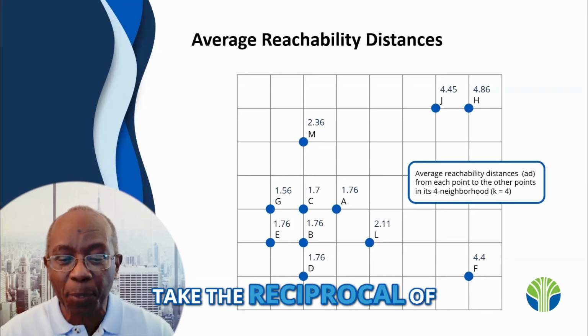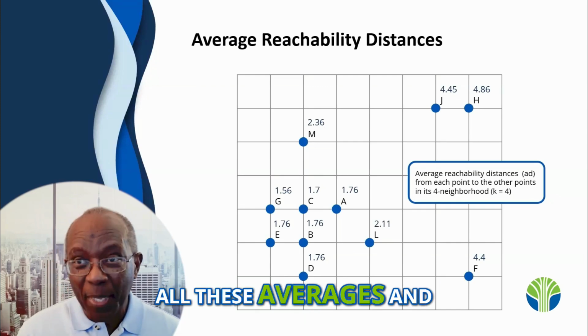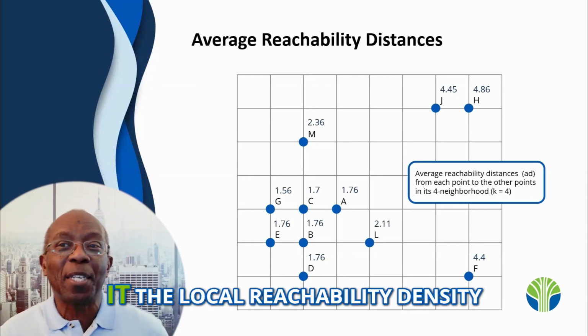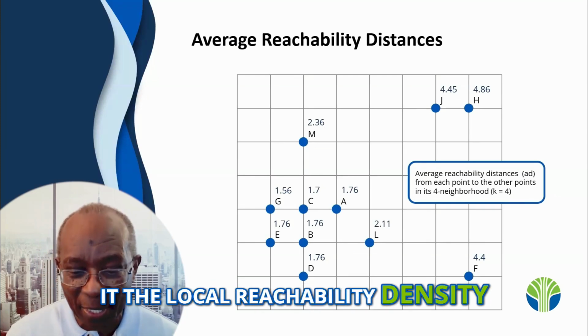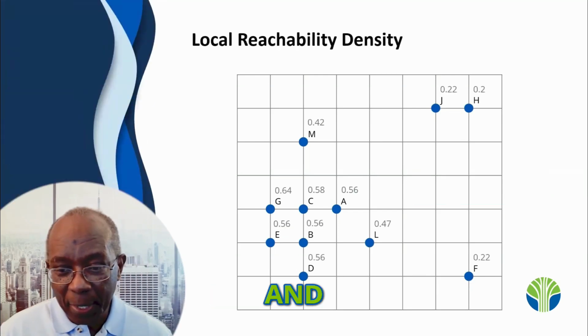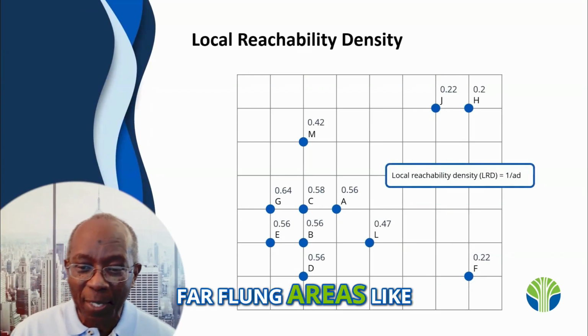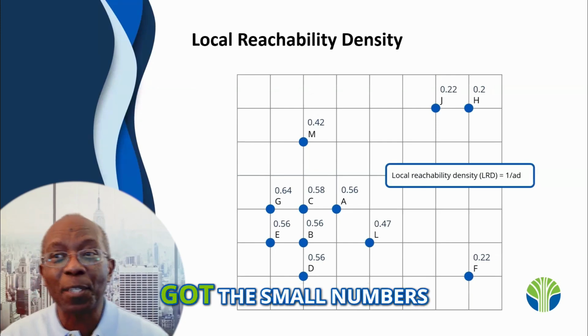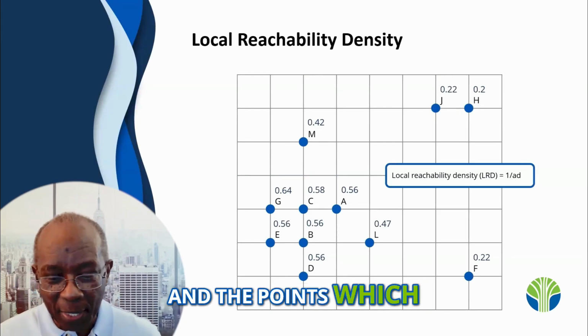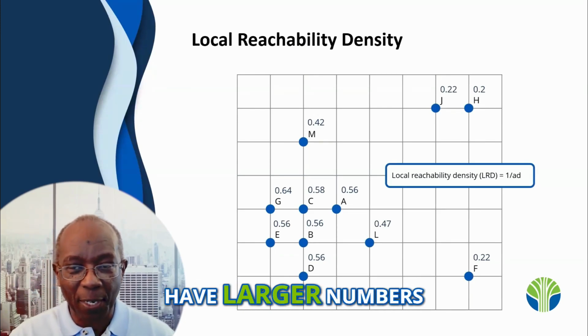So why don't we take the reciprocal of all these averages, and we're going to call it the local reachability density. Okay, so we do that, and see, now they've flipped so that the points which are in the far-flung areas like H and J have got the small numbers, and the points which are together have larger numbers.